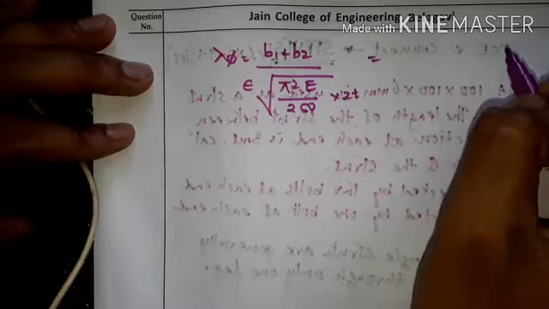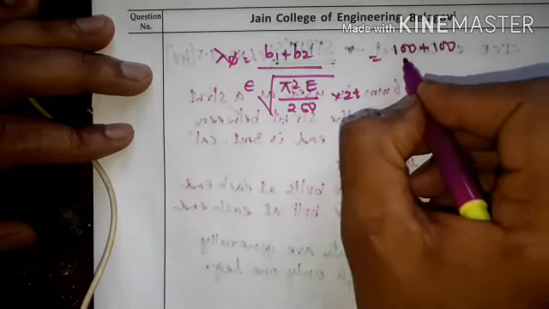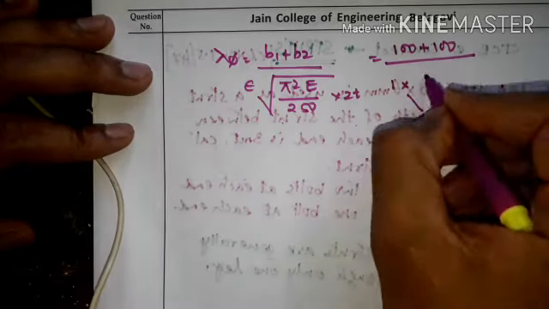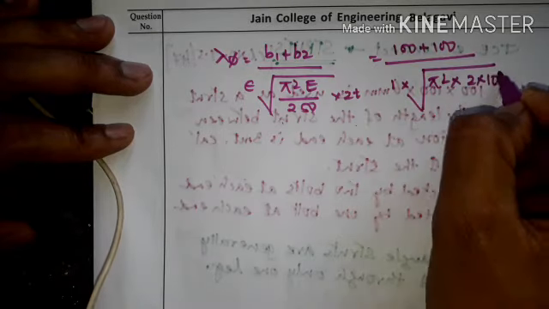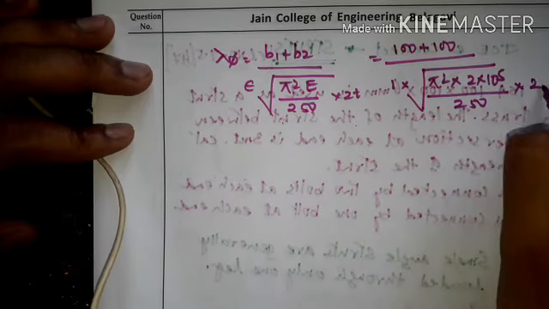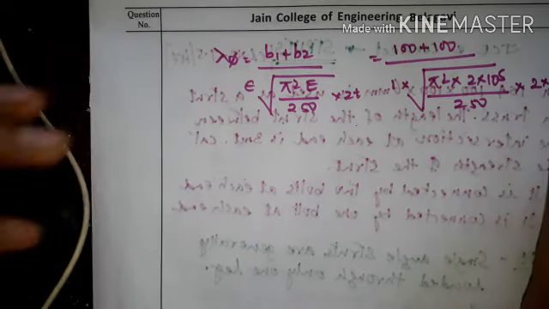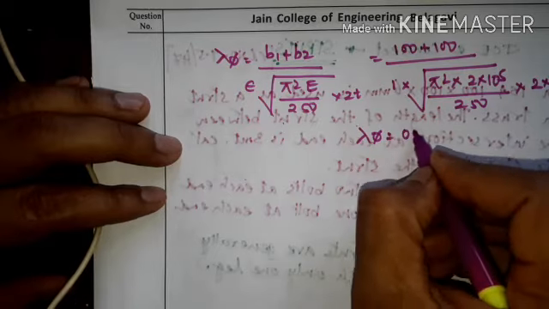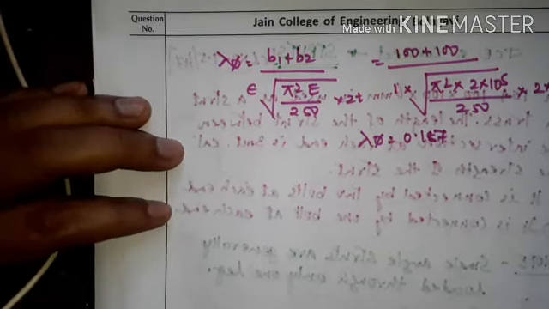Here we are using an equal angle, so b1 is 100 and b2 is also 100, divided by 2t, where t is the thickness, 6 mm for 100 by 100 by 6, and again epsilon 1 into the square root of pi square E, E is 2 into 10 to the 5, upon 250. So we will get lambda phi as 0.187.